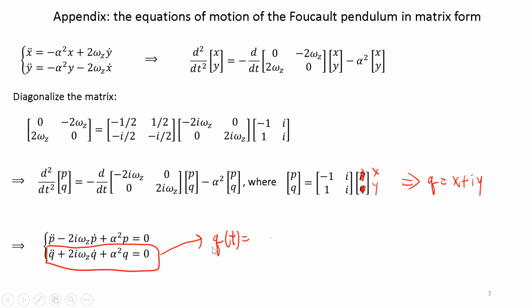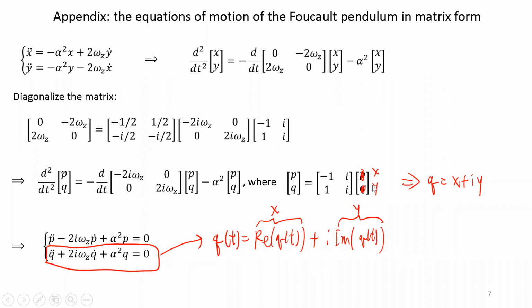So once you solve for Q as a function of time, you just write it as some real part plus some imaginary part, then you know that this part would be your X and this part would be your Y. So that's how you deal with the problem.